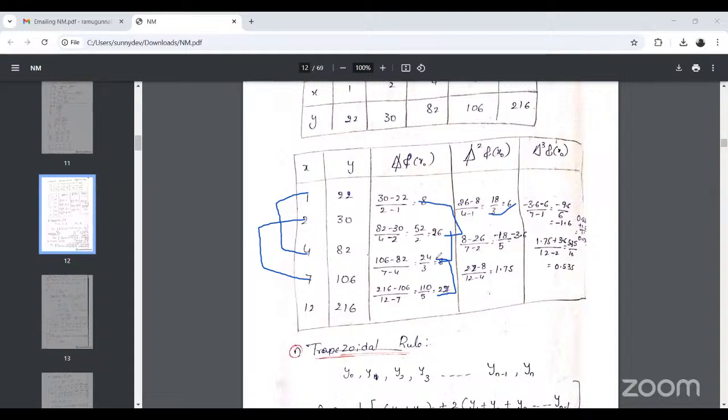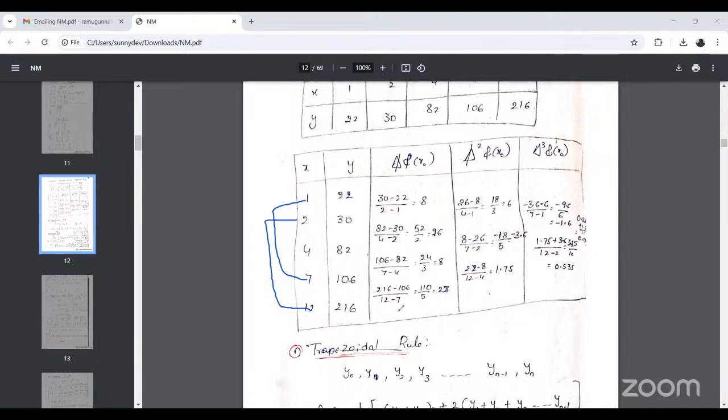Next, 27 minus 8 by 12 minus 4. So we can find that value. Next, to see the next differences, we again leave the two elements, and finally we get 11.